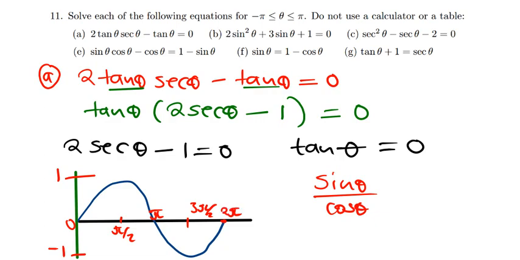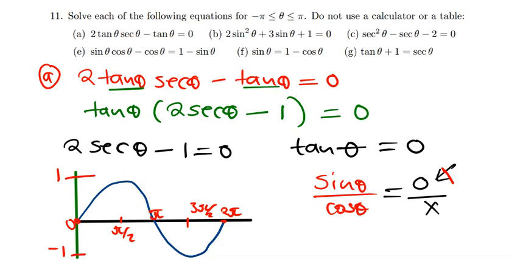So this is a fraction. Tan is only going to be 0 if the numerator is 0. We can't divide by cosine being 0, so a denominator can never be 0. In short, tangent is only going to be 0 when sine is 0 and cosine is not. So when do we expect sine to be 0?